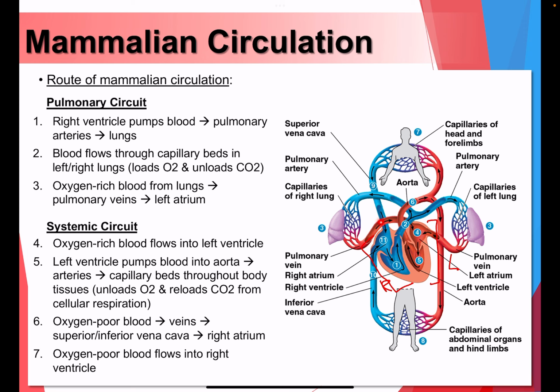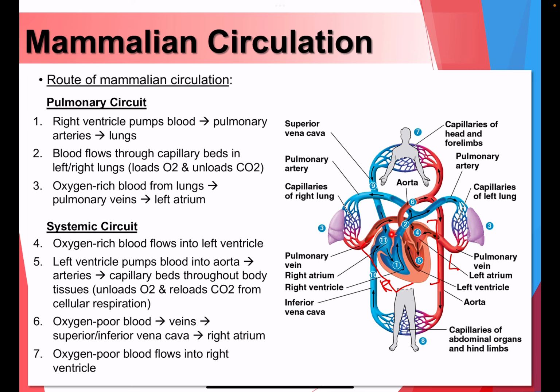Then all that oxygen-poor blood goes back to the heart via veins, and the veins will then converge into one big giant blood vessel called either the superior vena cava or the inferior vena cava. The superior vena cava will collect blood from the upper part of your body, and the inferior vena cava will collect blood from the lower parts of the body.